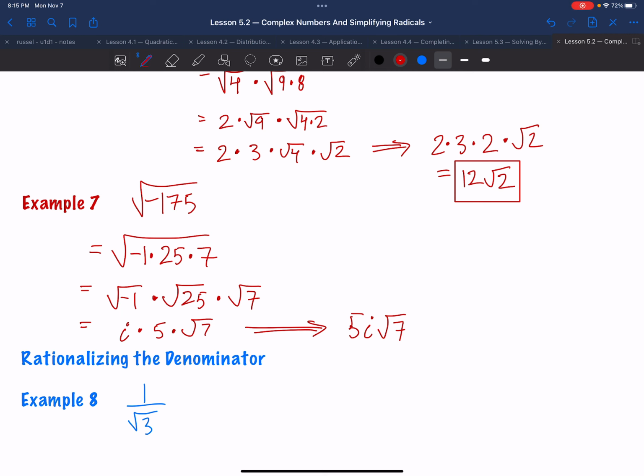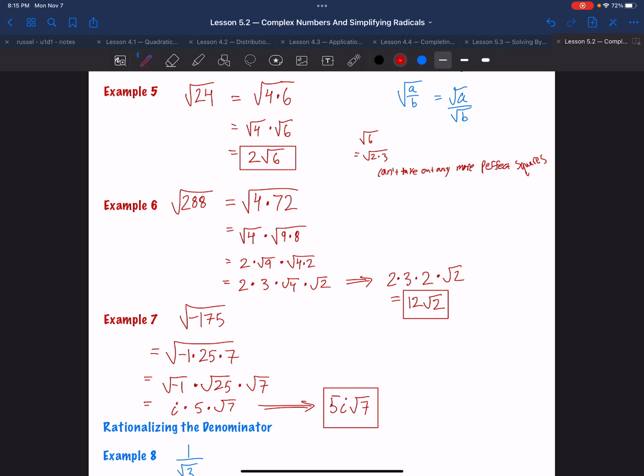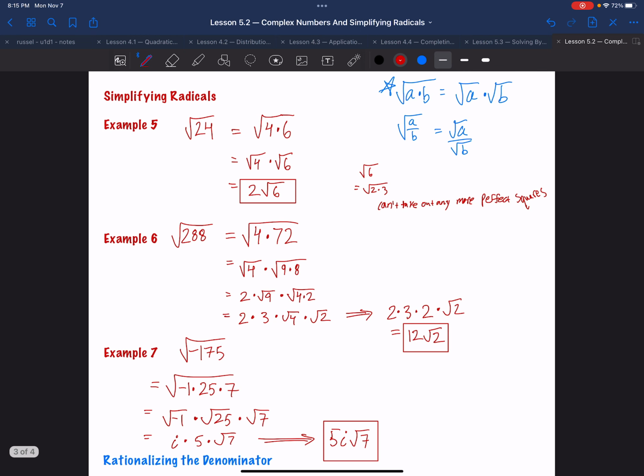Get my nice rectangle. Fantastic. Okay, that's simplifying radicals. That's more or less just review, but I wanted to have just a little video resource to come back to as a brain refresher. Okay? It's just a brain refresher.